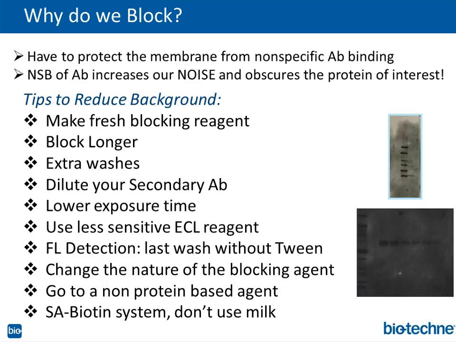I've seen great blots at 1 to 20,000, 1 to 50,000, 1 to 100,000, because some of these ECL chemiluminescent substrates can be very powerful. So a very simple step, and I think a very powerful step, is to dilute the secondary. You don't need that much secondary. Of course, also lower your exposure time and use a less sensitive ECL.